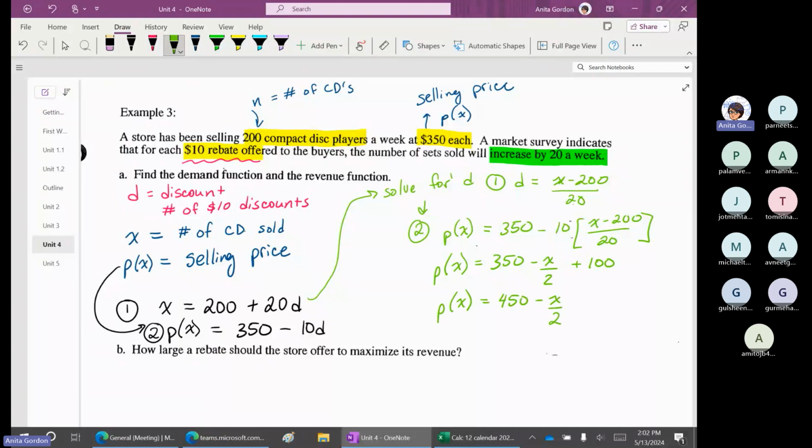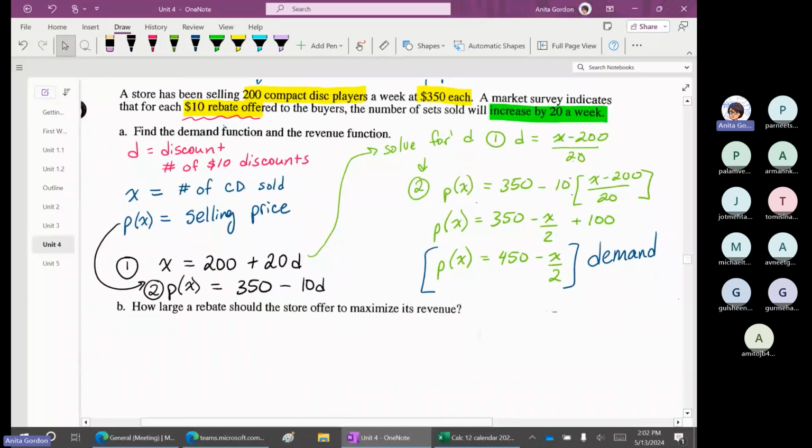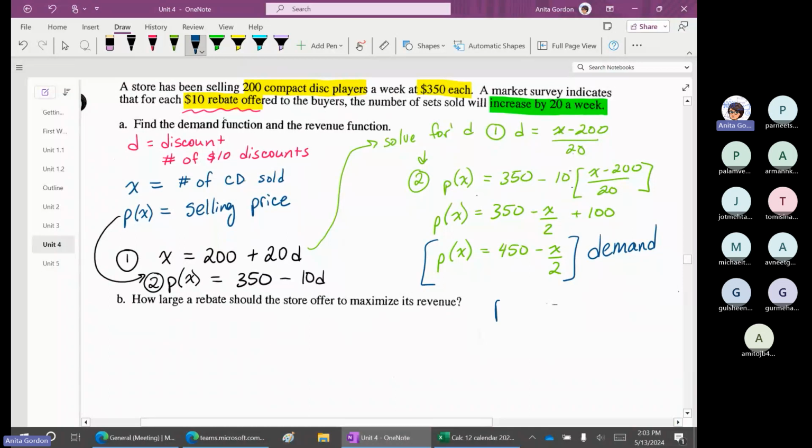Okay, this is my price function. In part B, we need to finish answering part A. This is our demand function, price per unit. It wants us to find the revenue function, R.